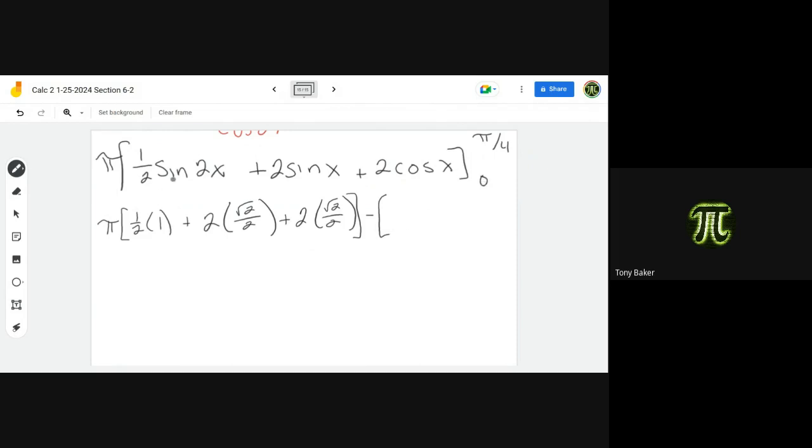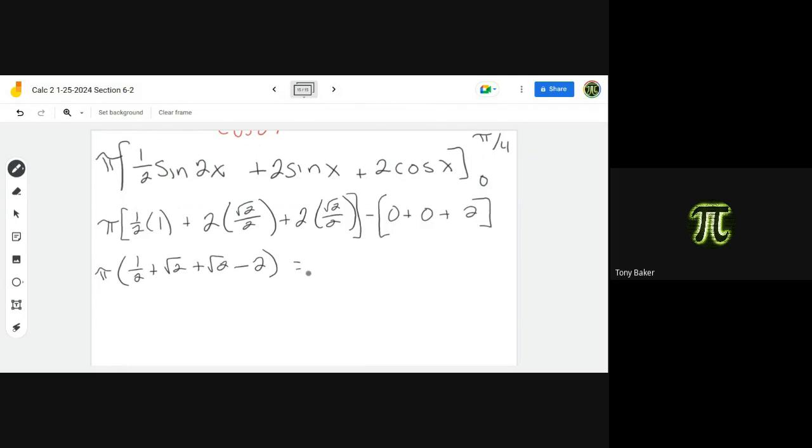And now we can do the 0. Sine of 0 is 0. Cosine of 0 is 1, so that's 2. So we get 1/2 plus square root of 2 plus square root of 2, minus 2.